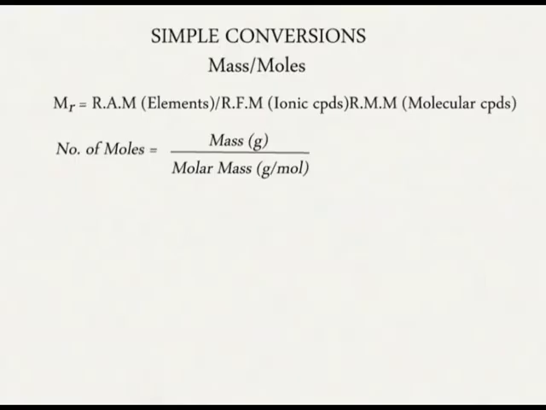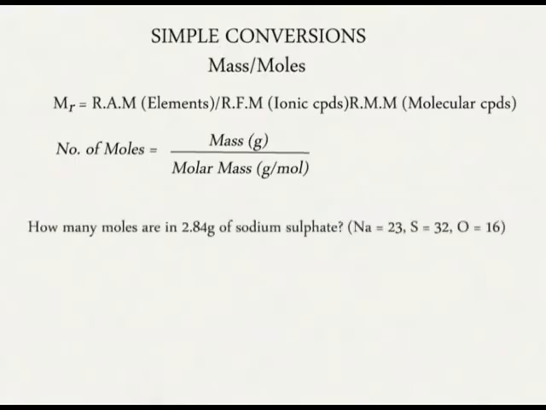For example, how many moles are in 2.84 grams of sodium sulfate? And you are given the relative atomic masses of sodium, sulfur, and oxygen. For sodium sulfate, the relative formula mass will be given by 23 times 2, there are 2 atoms of sodium in that formula, plus 32, the relative atomic mass of sulfur, plus 16 times 4, the relative atomic mass of 4 oxygen atoms, and that gives us 142.